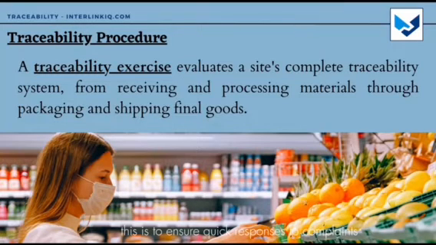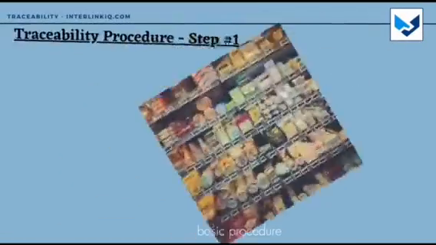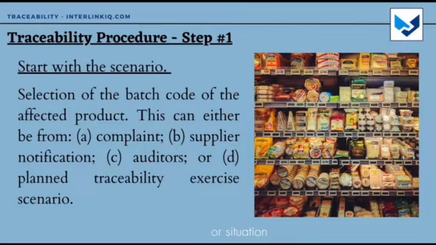This is to ensure quick responses to complaints, risk of recalls, and preventing further nonconformities. Basic procedure starts with the scenario or situation that will initiate the traceability. Selection of the batch code of the affected product can either be from a complaint, supplier notification, auditors, or planned traceability exercise scenario.